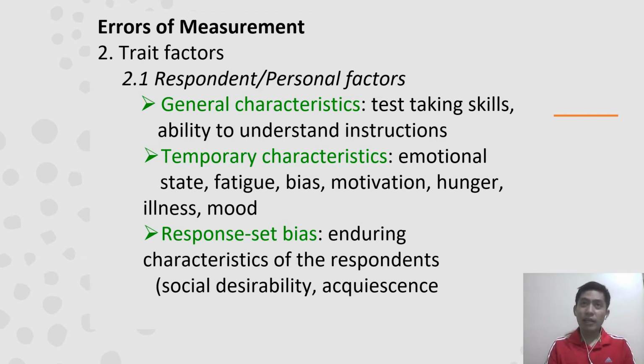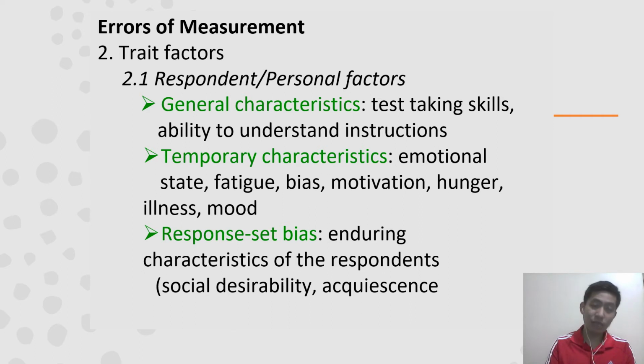If you have chosen a group of indigenous people, you should adapt, make changes, or maybe provide a Tagalog version of your questionnaire, or even translate it into their specific dialect for them to understand the questions more.